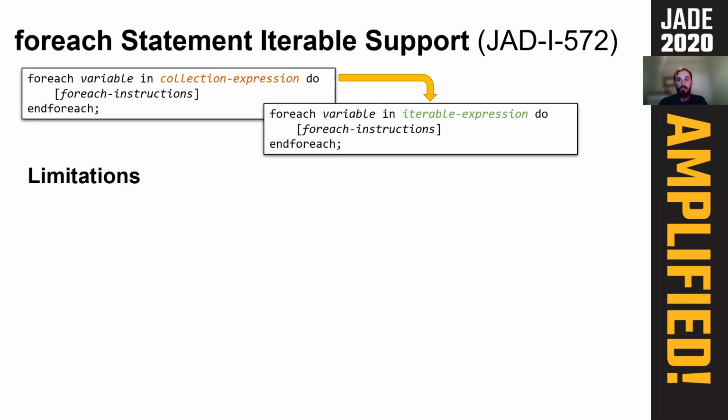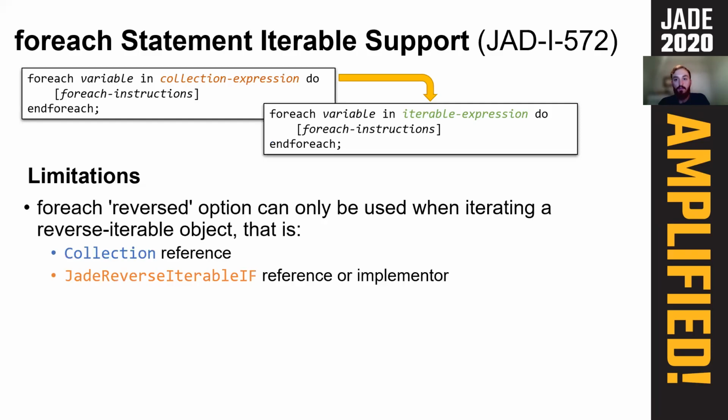There are some limitations to this new iterable expression. The foreach reversed option can only be used if the iterable expression represents something that can actually be iterated in the back direction. That is anything that implements the JADE reverse iterable interface, which includes any collections currently.